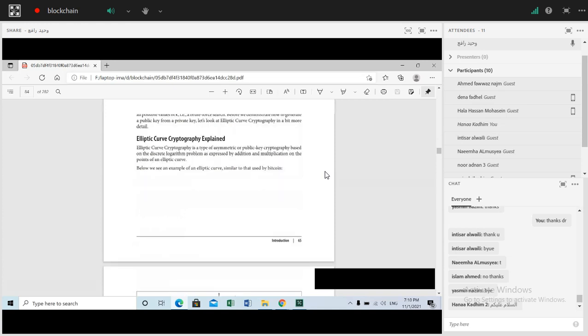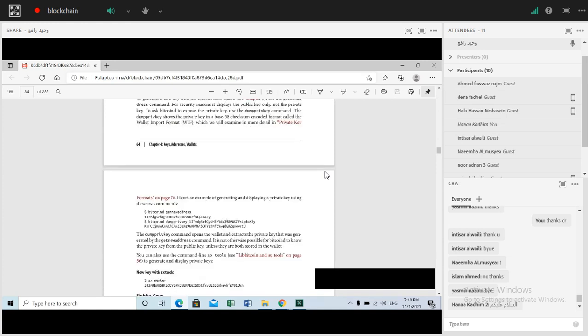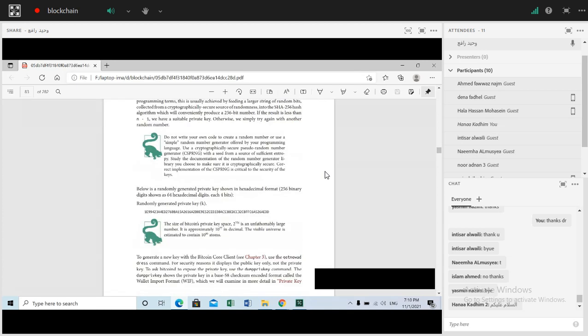In this approach, a private key, a big prime number, is generated.